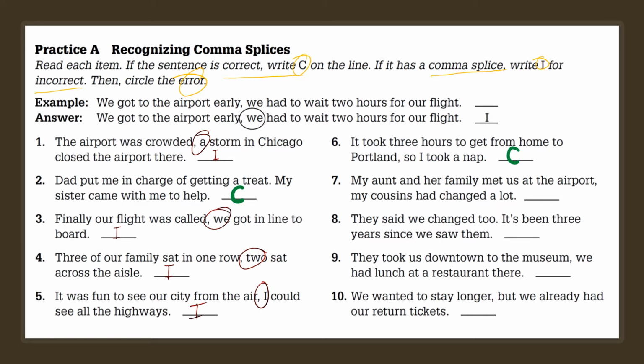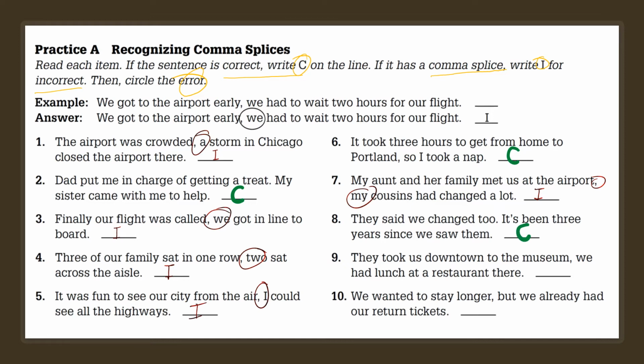Number 7, my aunt and her family met us at the airport, comma, my cousins. This is another sentence, so we cannot just put a comma, therefore it is a mistake. It's incorrect. Number 8, it's been 3 years since we saw them. That's totally fine. There is a period between the 2 sentences.